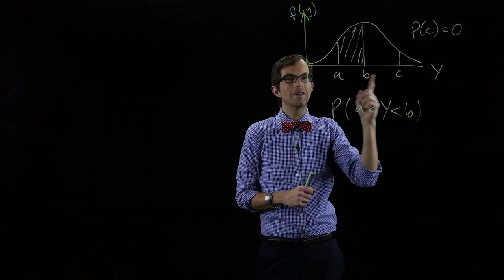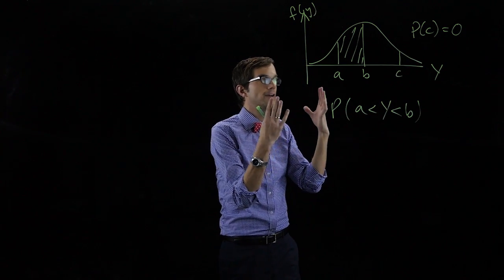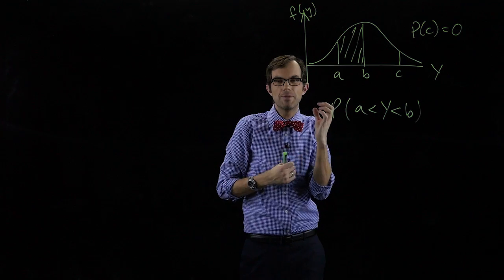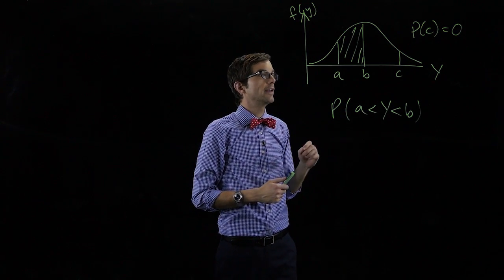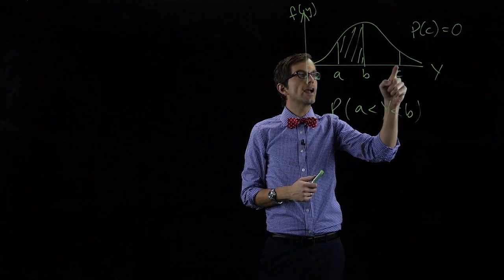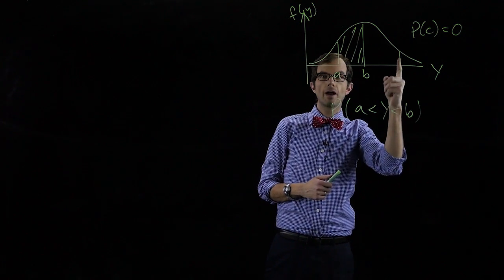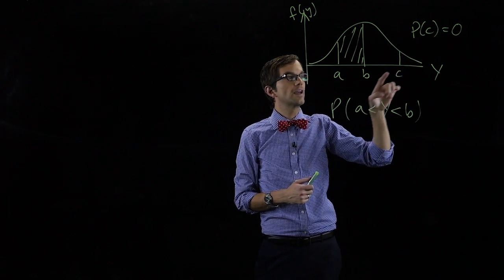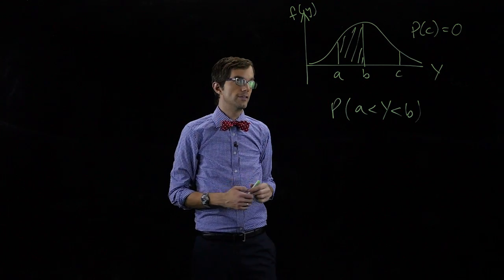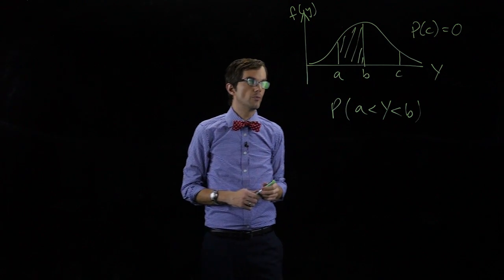So the probability of any one value is just 0, because there are so many points that there can't be a probability associated with any one of those points. And then also, if we're finding the area under the curve associated with a particular point, there is no area under the curve associated with point C, for example. So the probability of a particular realization is 0. We have to find the area under the curve in between 2 points.